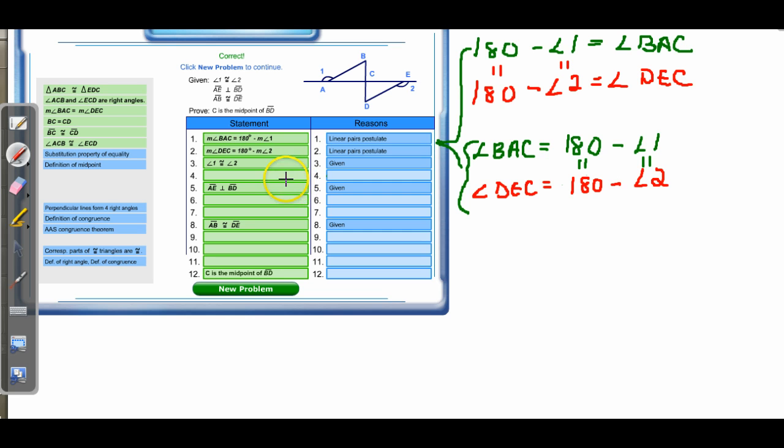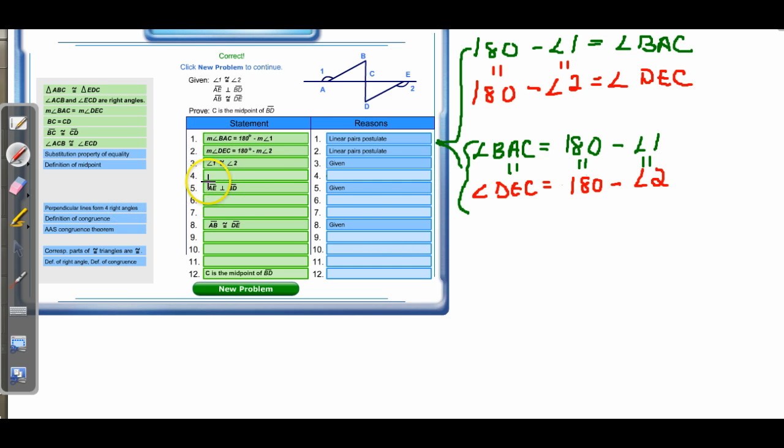So what can we conclude now? We've got 180 minus the same angle. So what can we conclude about the remaining angles? Well, we can conclude that they equal each other.